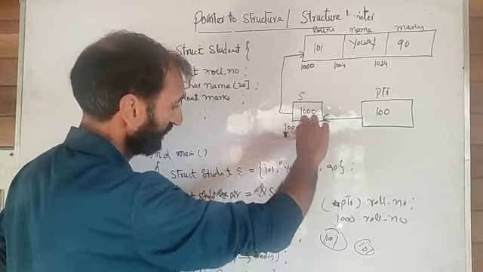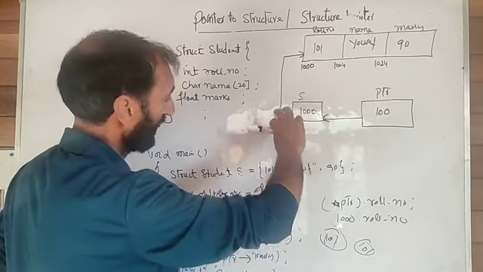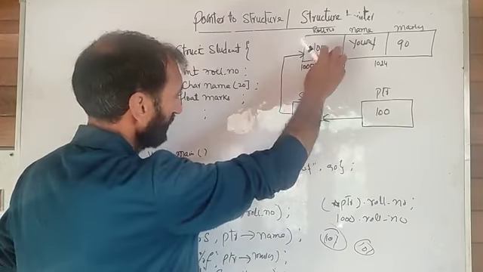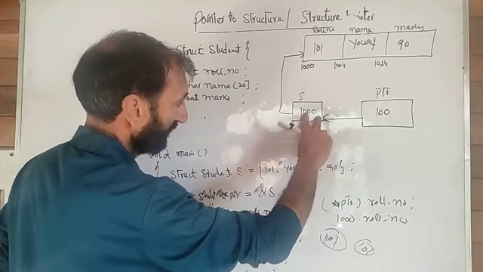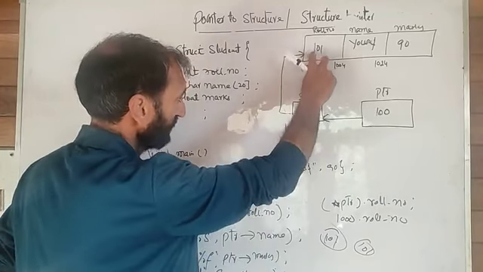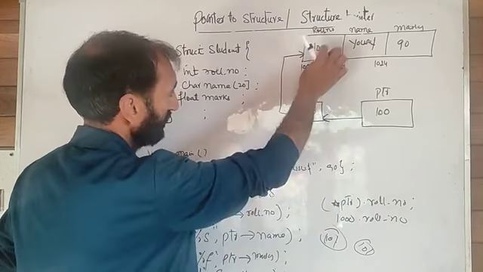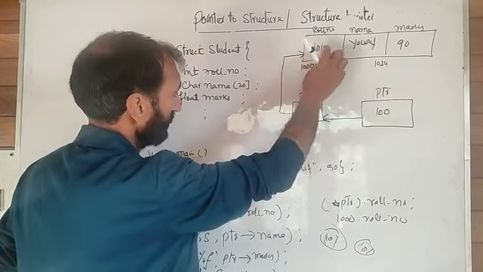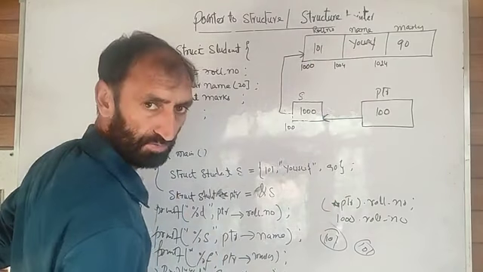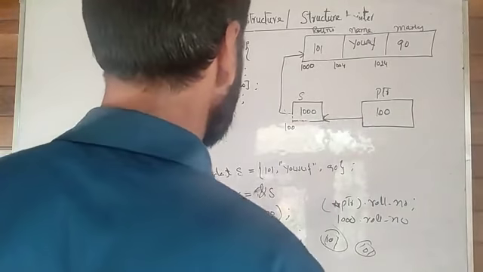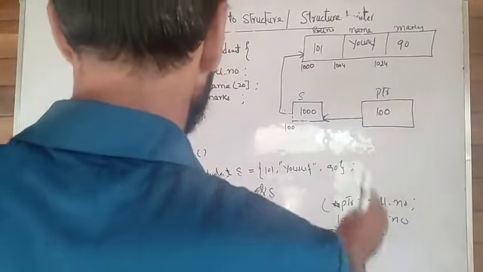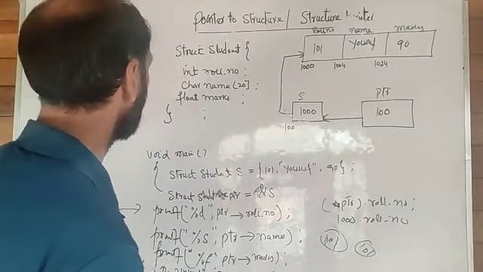What is the value here? It is 1000, and the value at this 1000 is 101. Value at address. This is the address, and it is going to point to this, dot roll number. And this is pointing to 101.